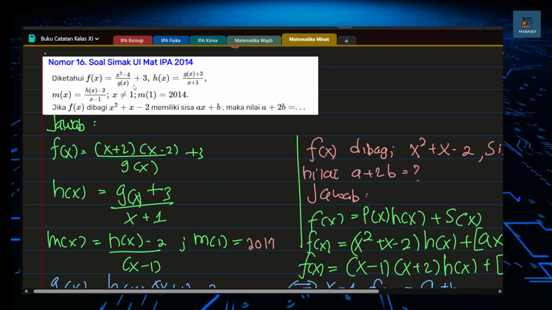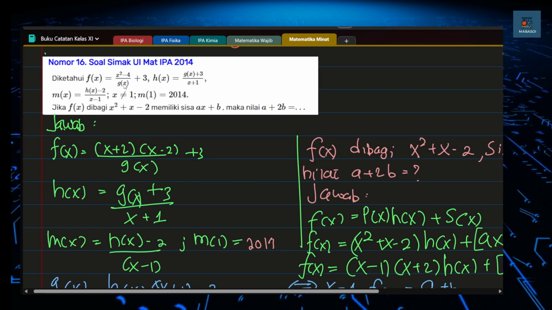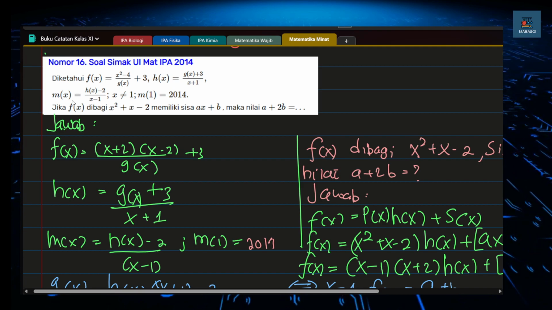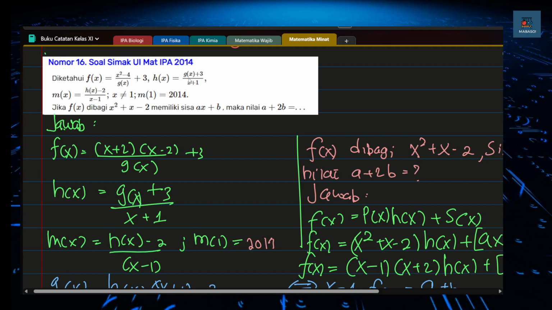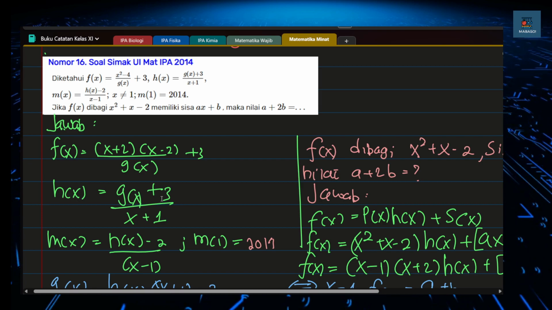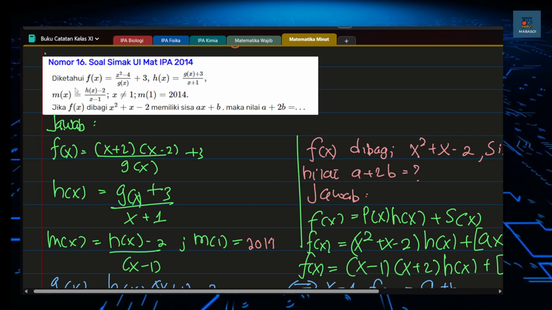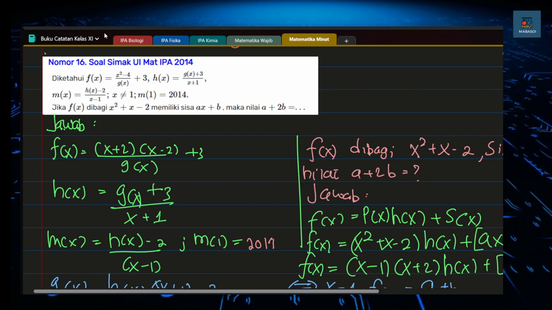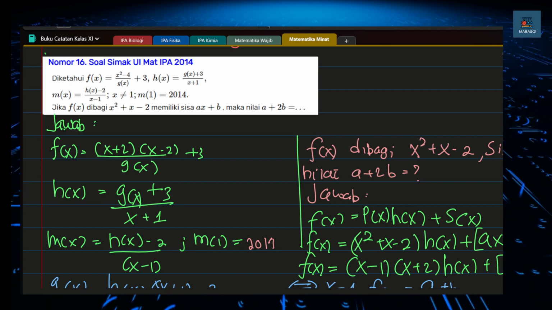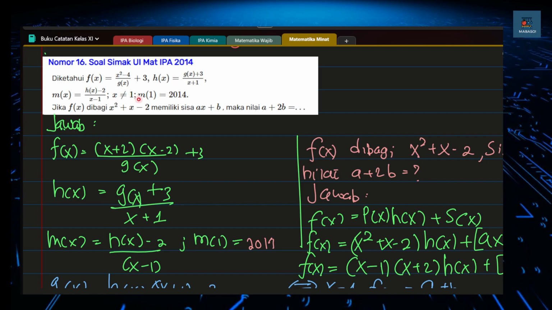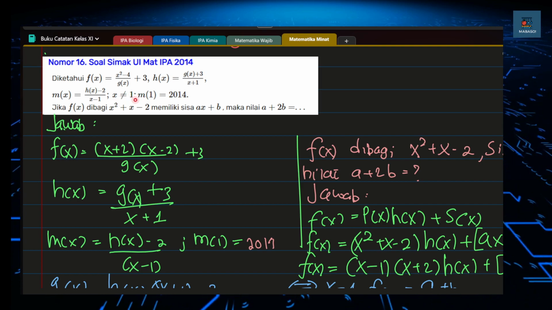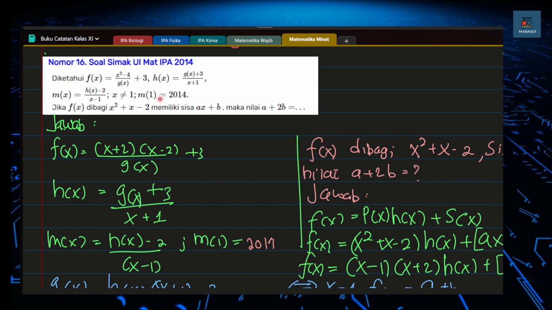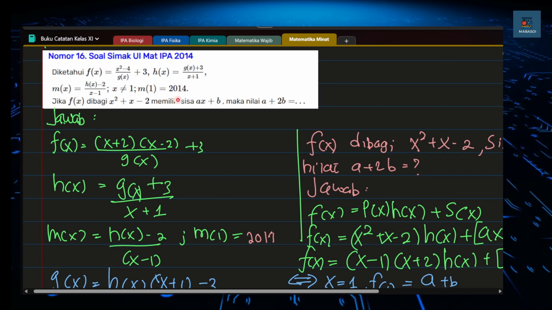So we have three polynomials: f(x), h(x), and m(x). h(x) is (g(x) plus 3) divided by (x plus 1), and we know that m(x) is (h(x) minus 2) divided by (x minus 1). We know that x can't be equal to 1, and m(1) is 2014.